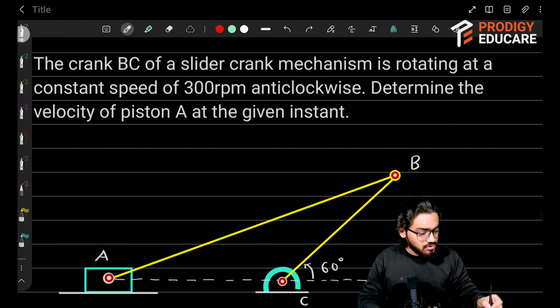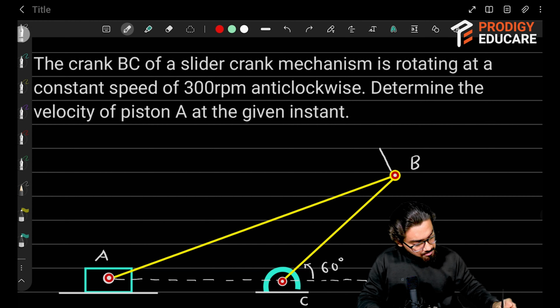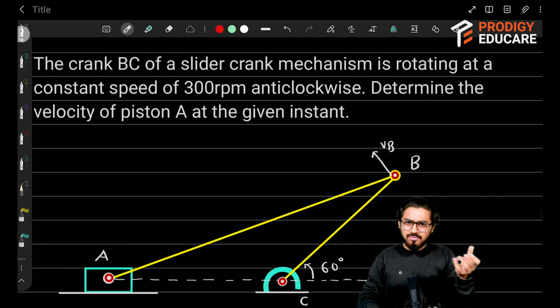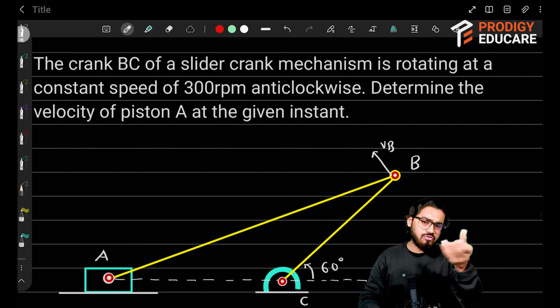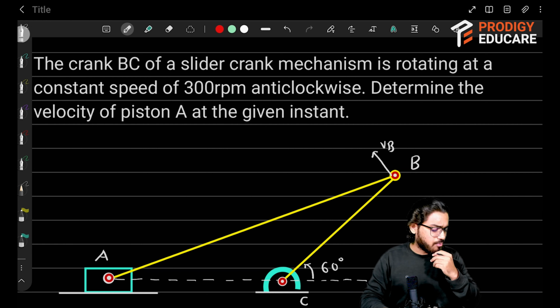So the velocity of point B will be in this direction, perpendicular to your rod BC. That means here I have the direction of the velocity of B. So I'm just indicating it here properly. This is the velocity of B. I know the direction of the velocity of point B.